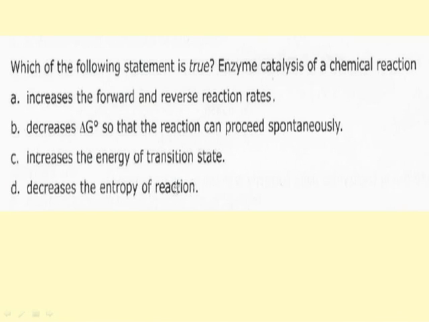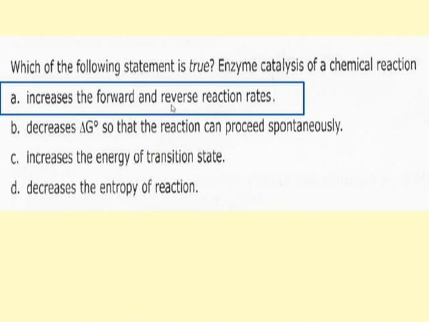By scrutinizing these options, it is very clear that the enzyme does nothing to the delta G naught. It does not increase the energy of the transition state, it decreases the energy, and it does not do any change in the entropy of the reaction. So therefore, the correct option is increases the forward and the reverse reaction rates.